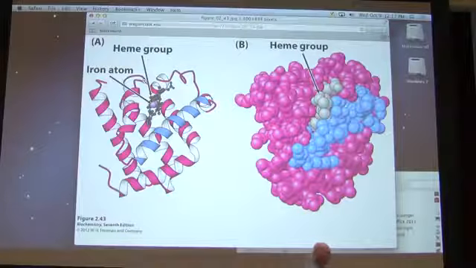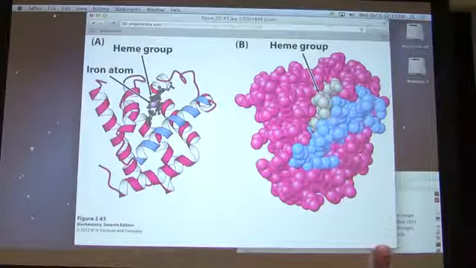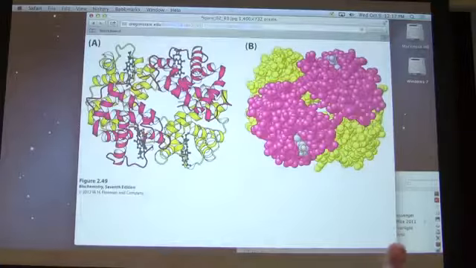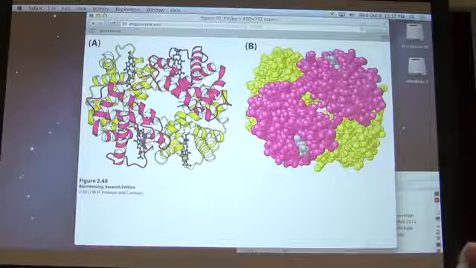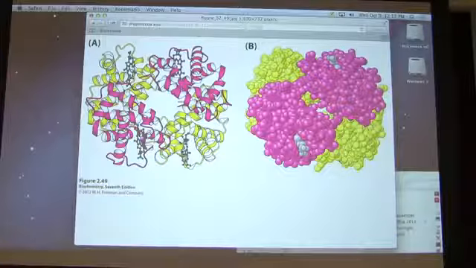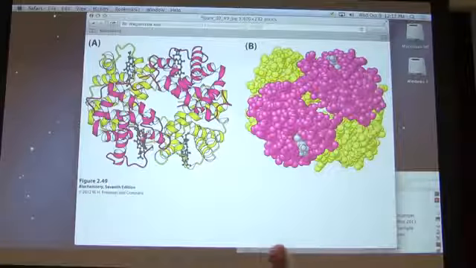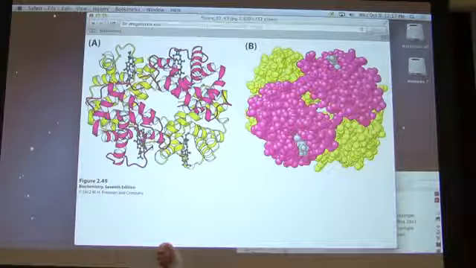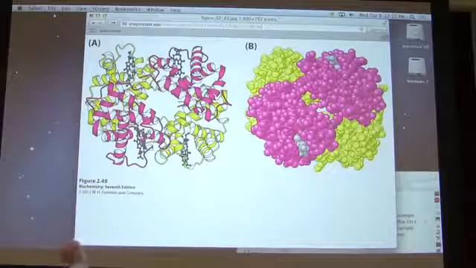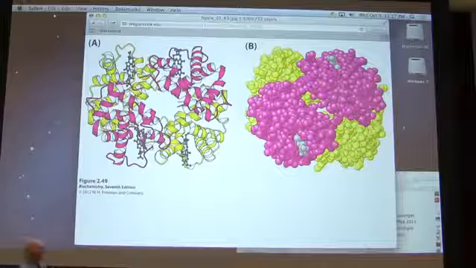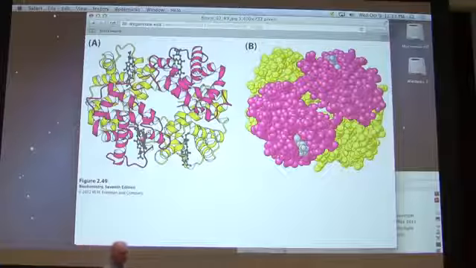Well, then you might wonder, how do quaternary interactions arise? They must be not close in primary sequence, and it turns out that quaternary interactions happen between individual subunits. That is, they're separate proteins. Most proteins that we see in cells are actually multi-subunit components. Hemoglobin is probably the best example we'll talk about in the term, and hemoglobin is comprised of 4 subunits, that is 4 separate polypeptide chains.